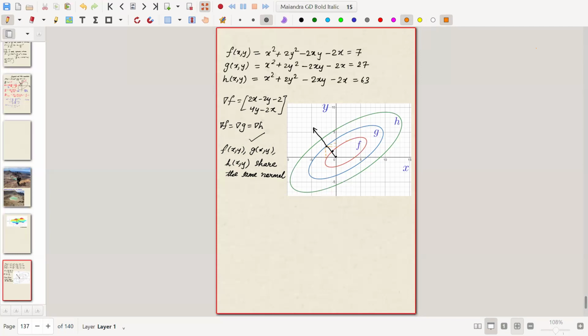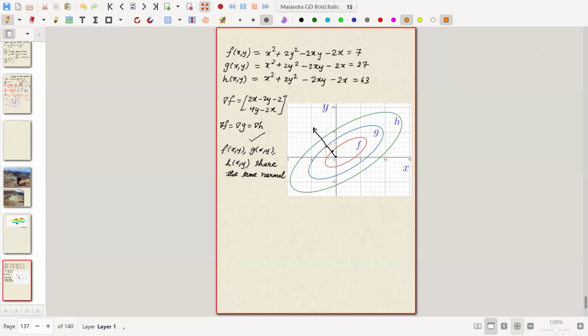So which one is the shortest path? The perpendicular one. The normal direction is the shortest path. So therefore the gradient also gives you a direction where you can jump from one function to another in the shortest time possible, through the shortest path. So that's one of the observations we have.